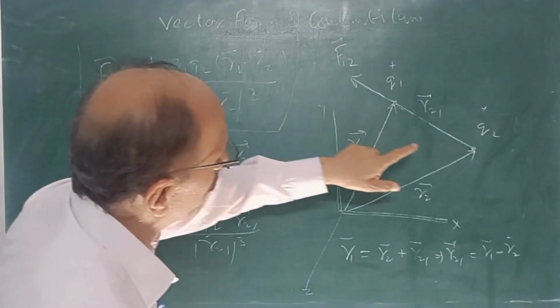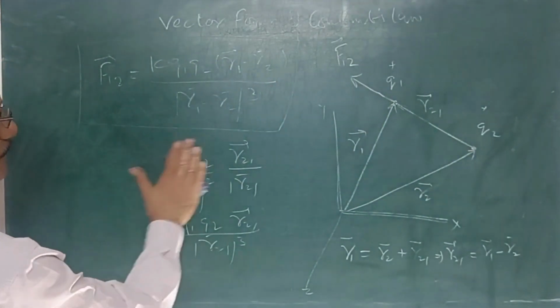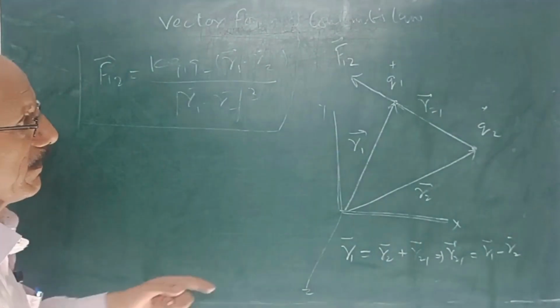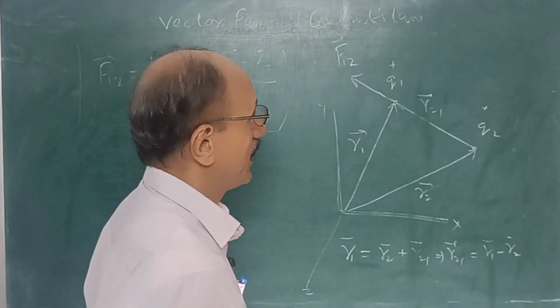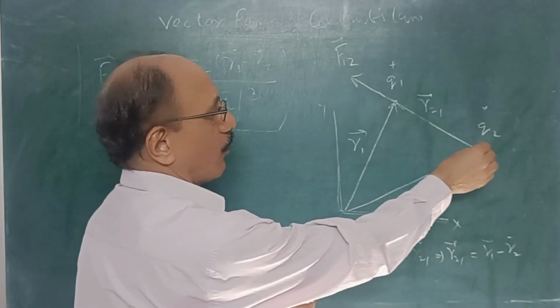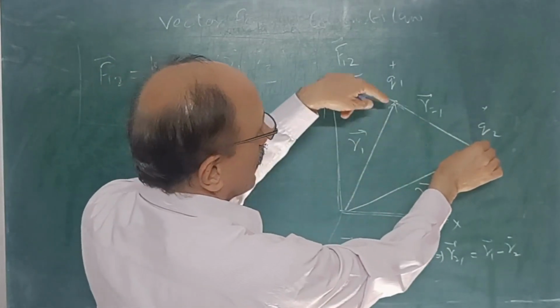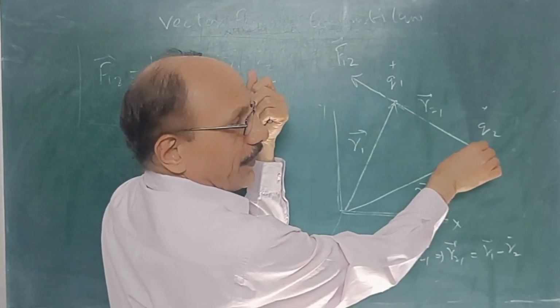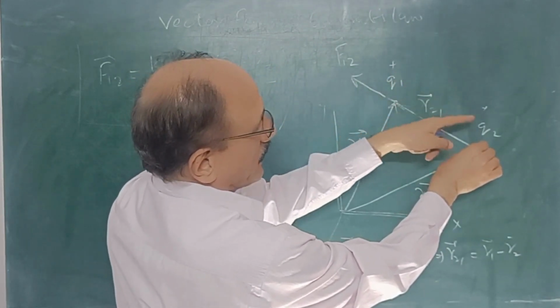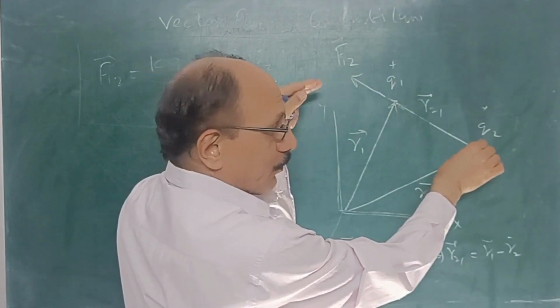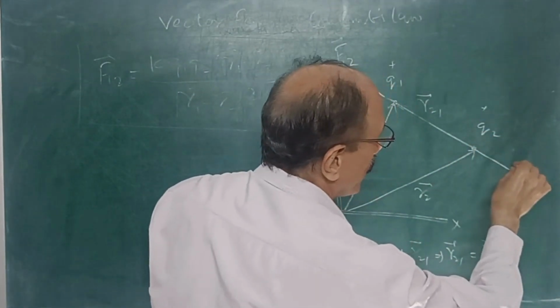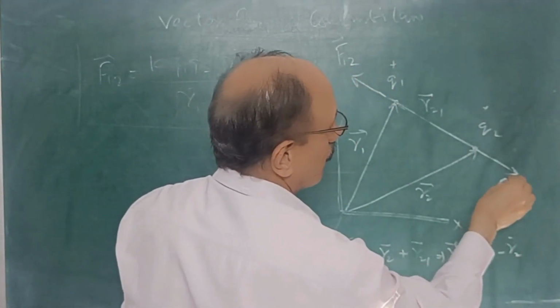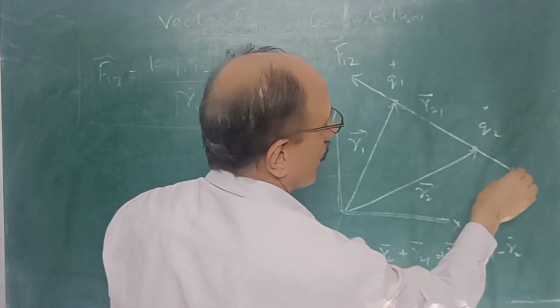Now, whatever the force on 2 due to 1, that will be, yes, again put the pen over Q2 and see whether this Q1 is going to push it or pull it. Since this is positive and this is positive, this Q1 is going to push it and the pen has to go this way. So this will be the force on 2 due to 1.